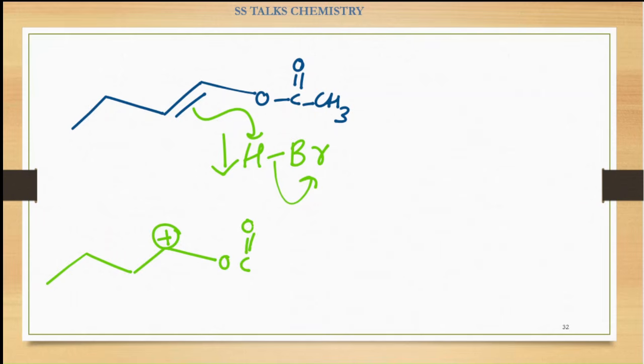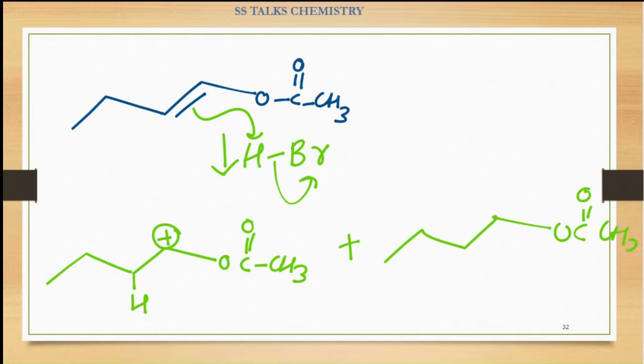One is this one, OC double bond OCH3, where the hydrogen has shifted, and in the other case the possibility is this one, OC double bond OCH3, where the hydrogen has shifted on this side of the alkene and the positive charge is formed on this particular side. Right?